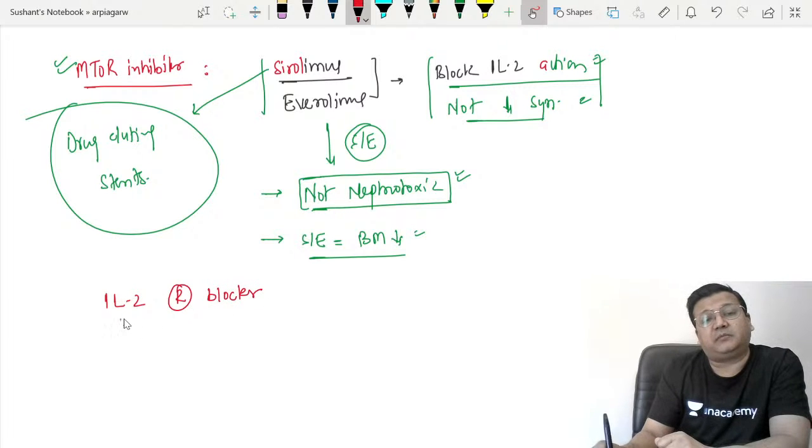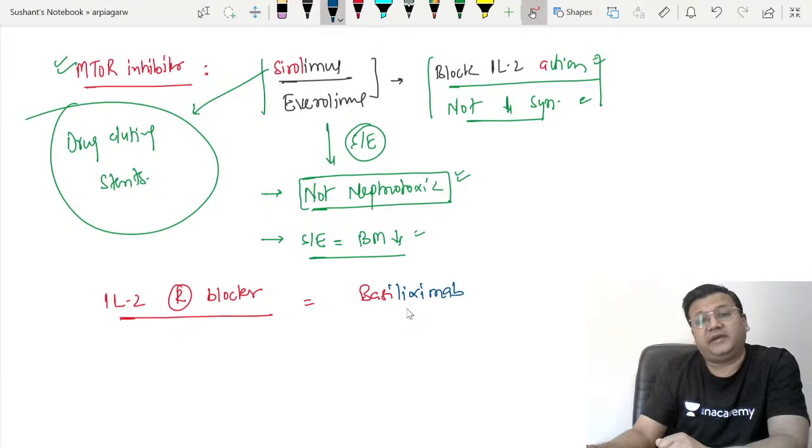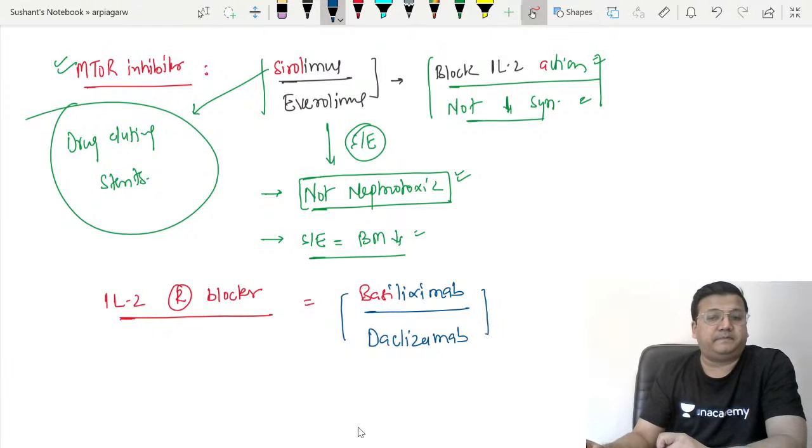Then third, you have the interleukin 2 receptor blockers. Interleukin 2 receptor blocker drugs, which I have told you are two drugs: basiliximab and daclizumab.